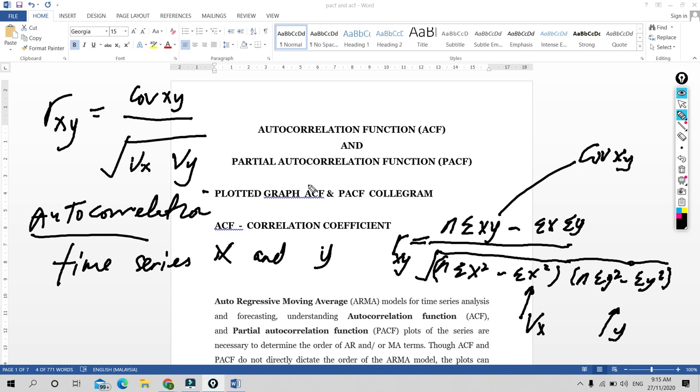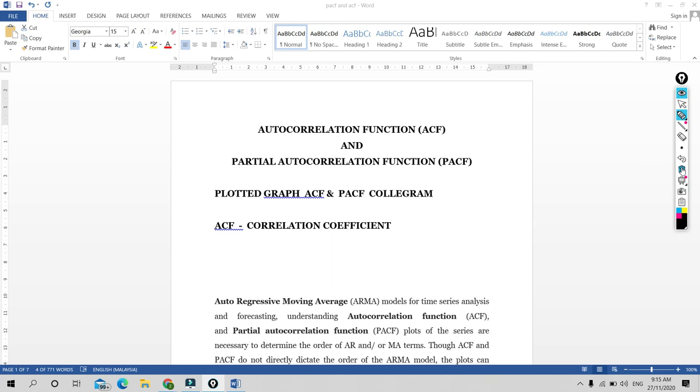Now, the partial autocorrelation is just a coefficient. Let's say I have two variables here, x and y. X is the independent variable and y is the dependent variable. So the PACF, partial autocorrelation, is just the coefficient in the linear regression line.